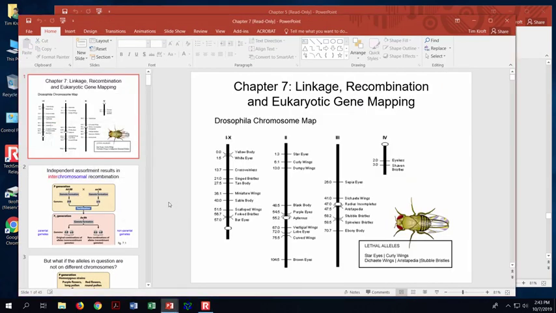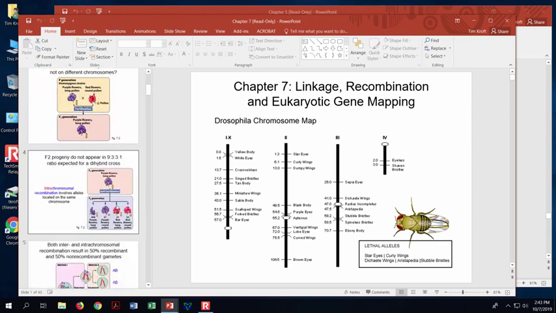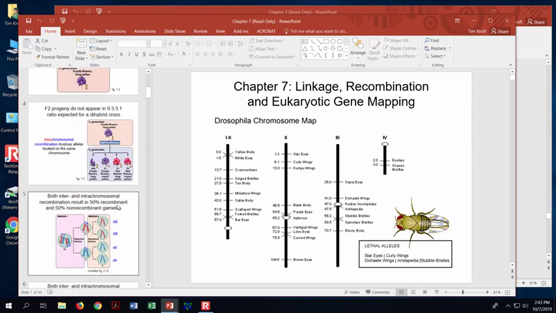Okay, now we're in Chapter 7. So what are your questions about Chapter 7? Linkage and gene mapping by means of recombination frequency.